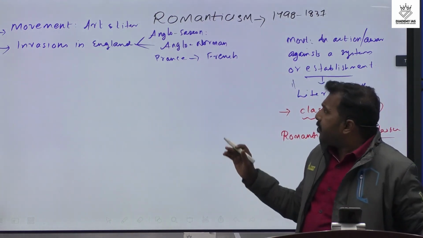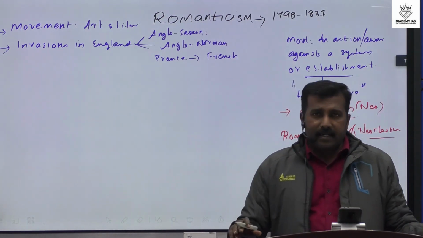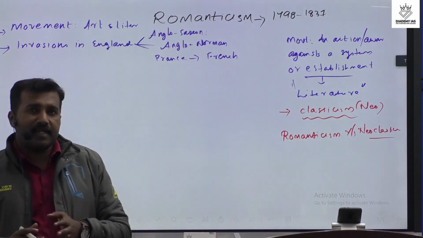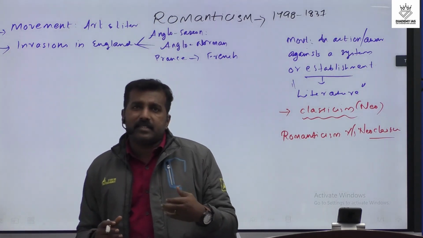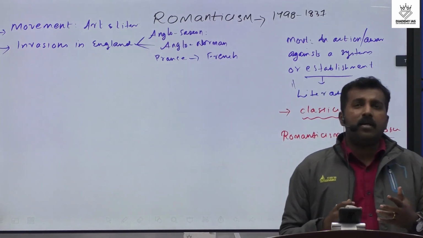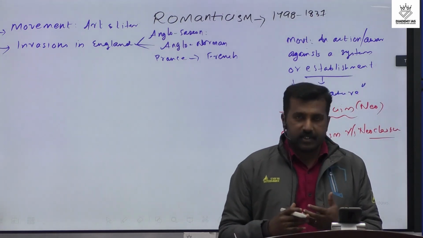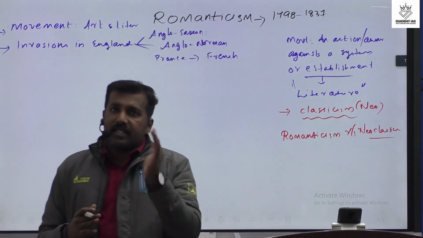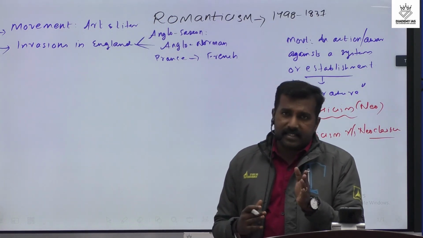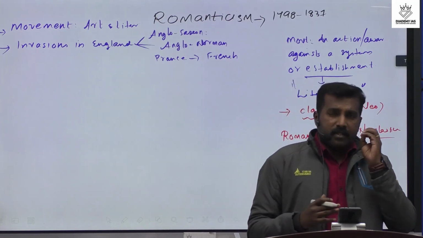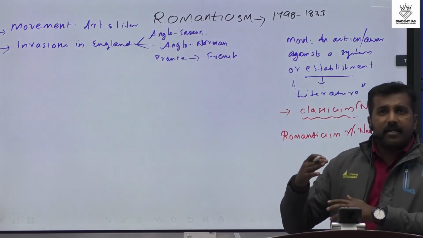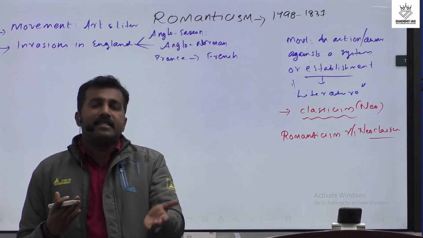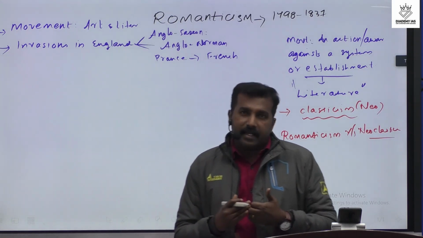During that time in England, French, Latin and Greek languages all had their own role in the development of English literature. These languages were mainly for the higher community, not accessible to the common people in England.